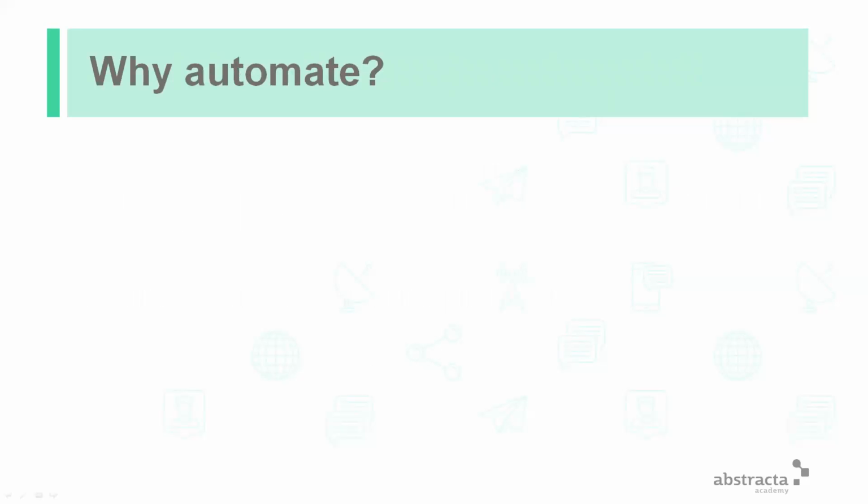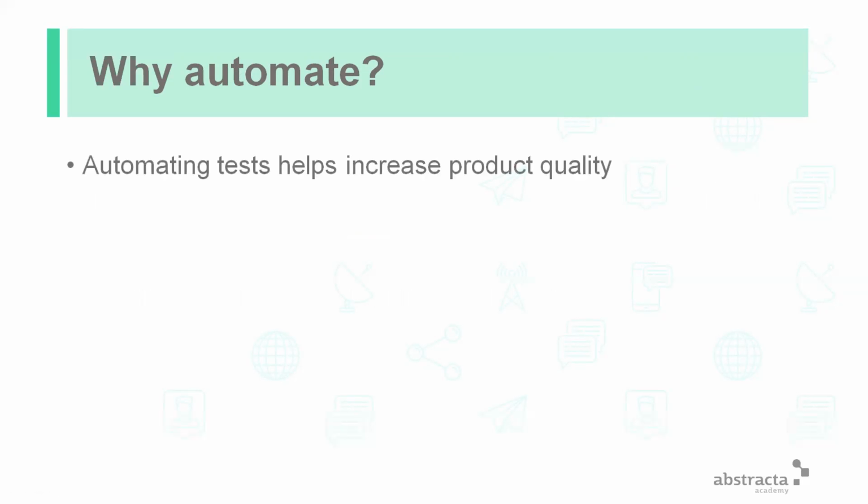And well, another question: why automate? First, automating tests helps increase product quality and reduce time to market, because finding errors early allows the developers to correct them prior to release.